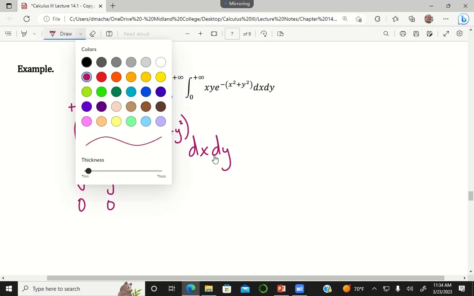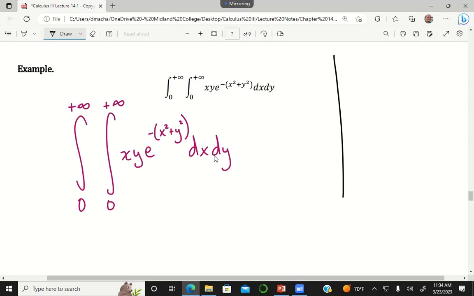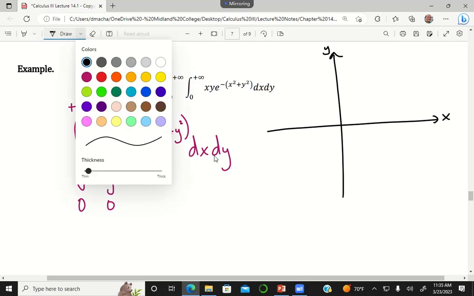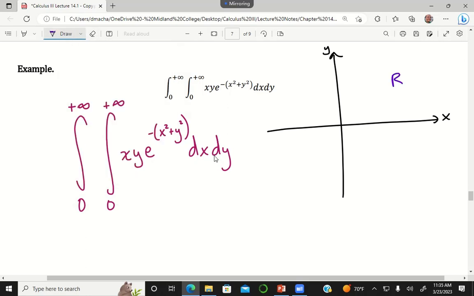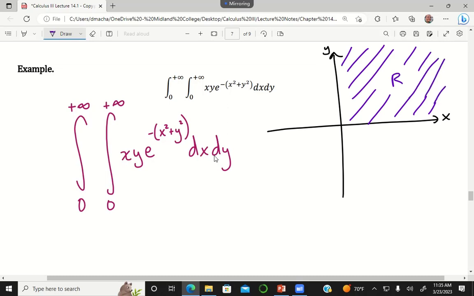But this region in the plane that's described by those bounds of my integral is the region where x can be any value from 0 to infinity, and y can be any value from 0 to infinity. So the region I'm integrating over now is the entire first quadrant. I'm saying, hey, take this 2-variable function and integrate it over the entire first quadrant.